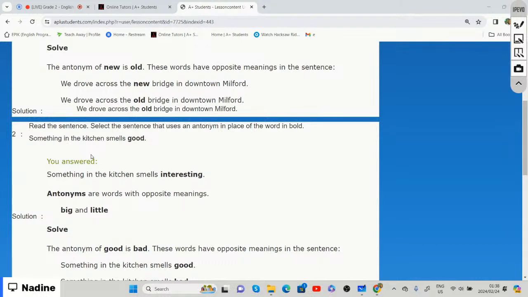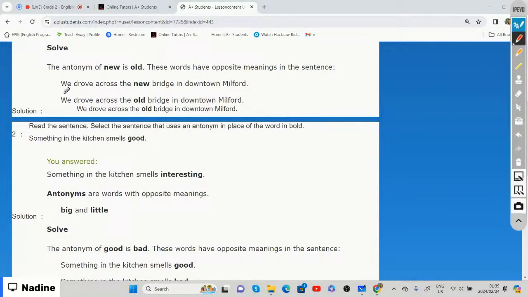So, good. What is the opposite of good? All right, so the opposite of good, we would then say it is bad. So if something smells good, but then the opposite, that something smells bad.